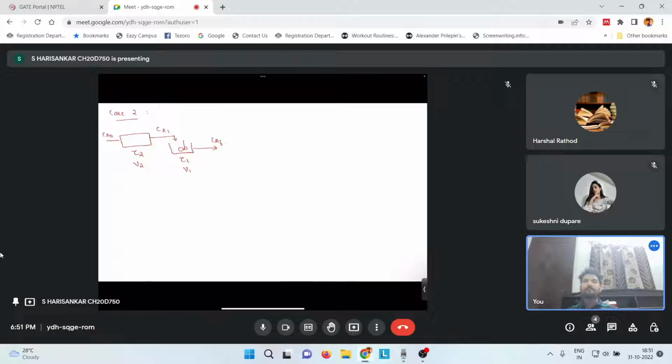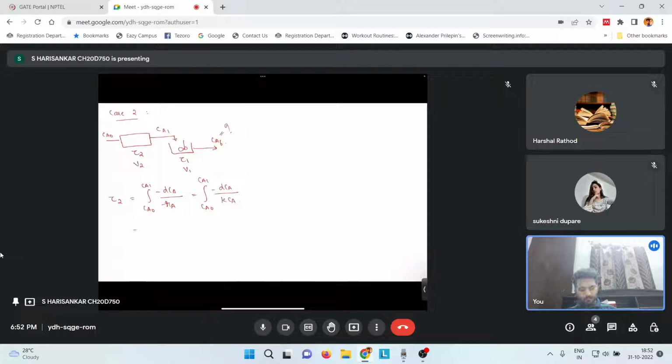Now we have to find this CAF here, and let us see how we can find that. So writing the design equation for the PFR first, because PFR comes first. That will be basically tau 2 is equal to integral of CA0 to CA1 of minus DCA by minus RA, and that will be integral CA0 to CA1 of minus DCA by KCA.